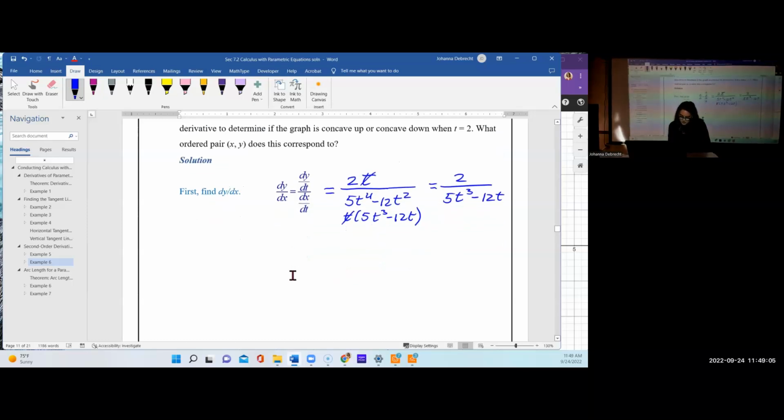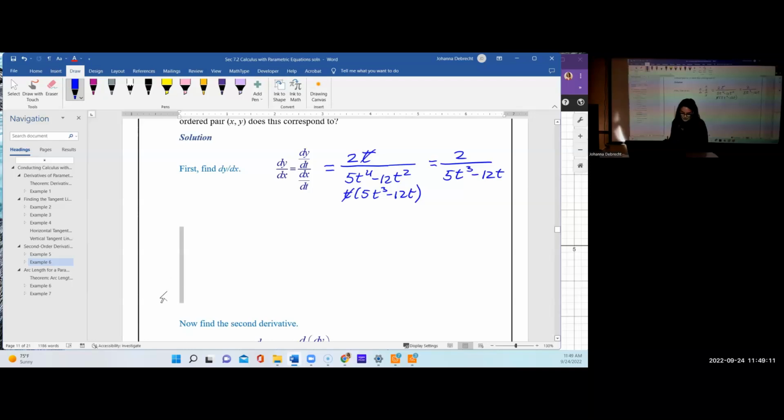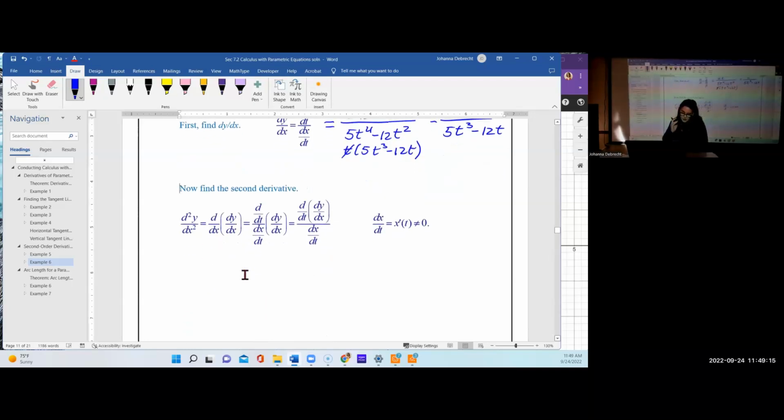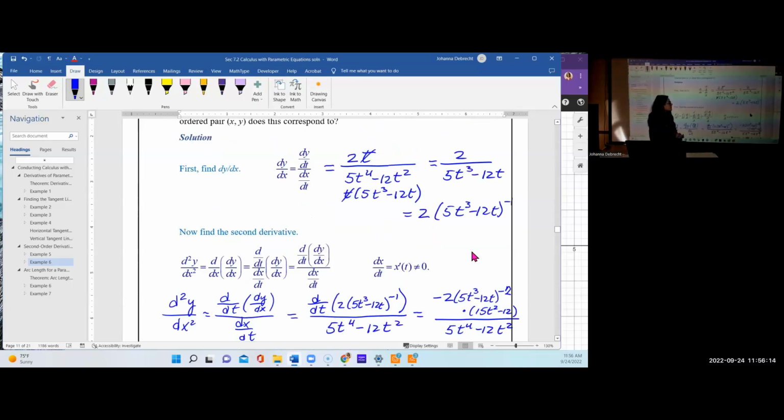Now we want to go ahead and use this formula in order to find the second derivative. So I'm going to apply my formula now. I've written out for you the expression for the second derivative of y with respect to x.